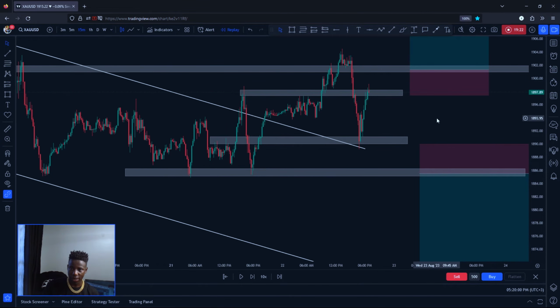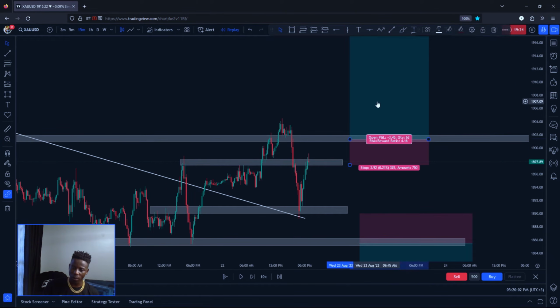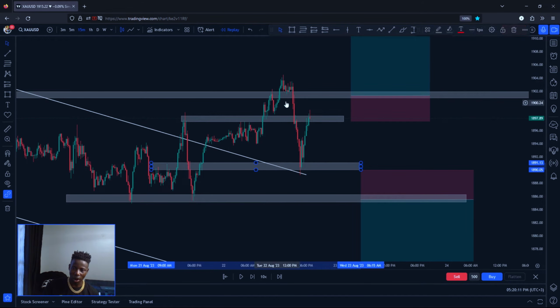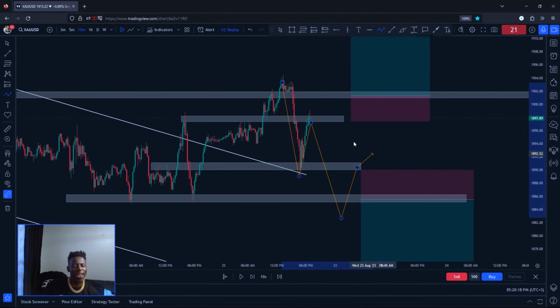Now, I will buy from here after violating this level. Or I will sell from here. Let's say we violated this level down, this is the neckline. Then again, I will not just sell. I will wait for my confirmation to play out so that we can sell the market.